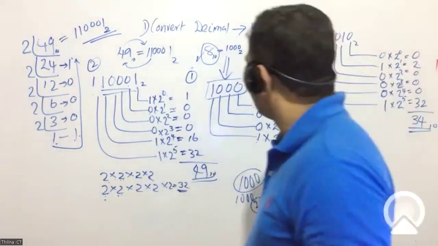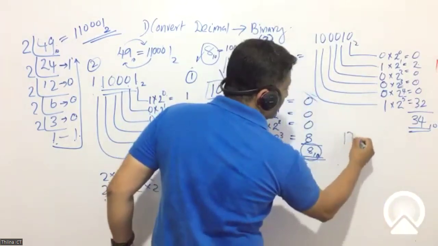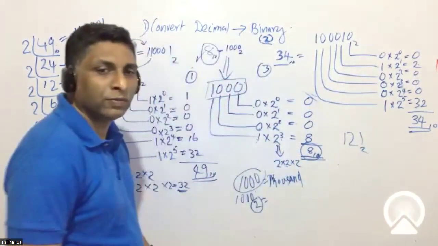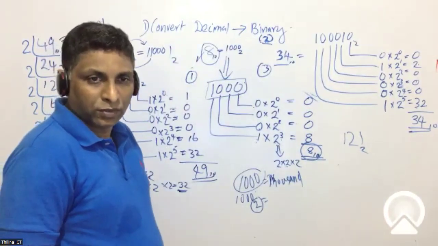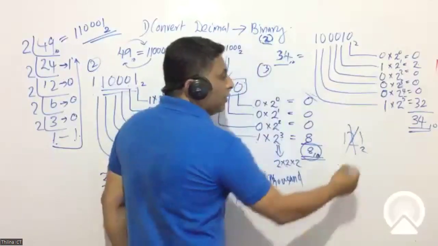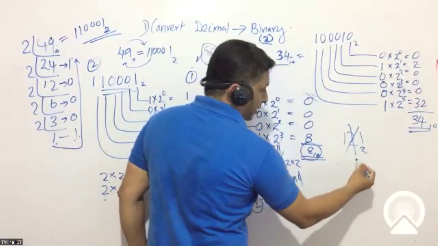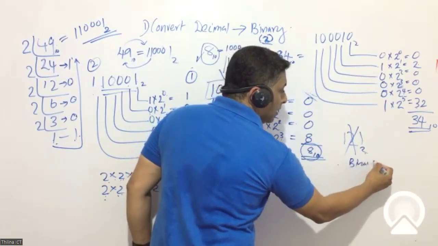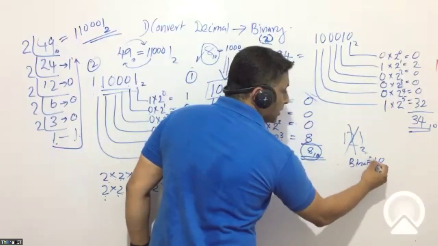Now, can this exist in base 2? No, because 2 cannot exist in the binary format. Binary can have only ones and zeros as its symbols.